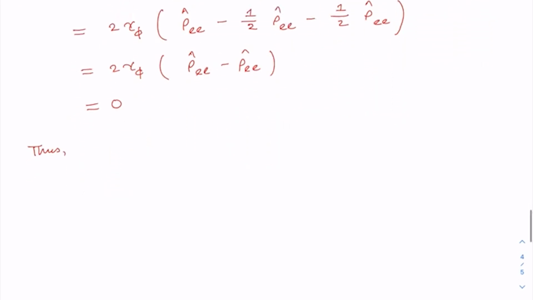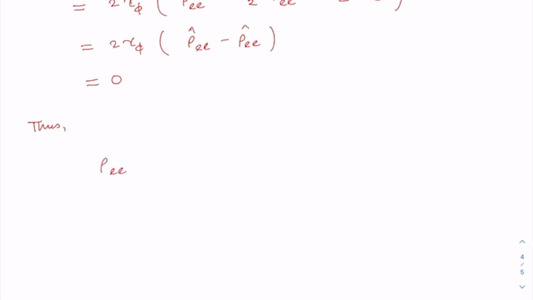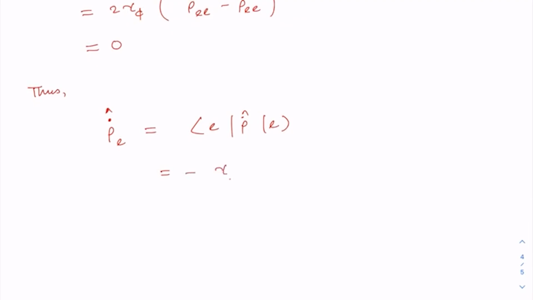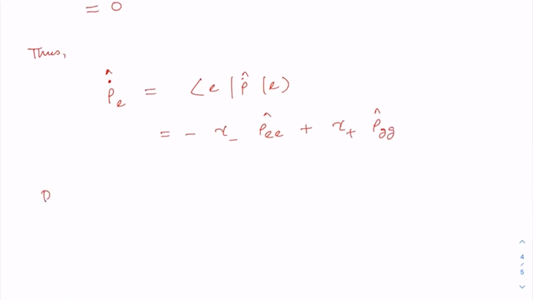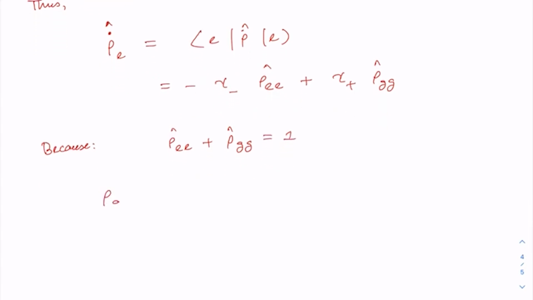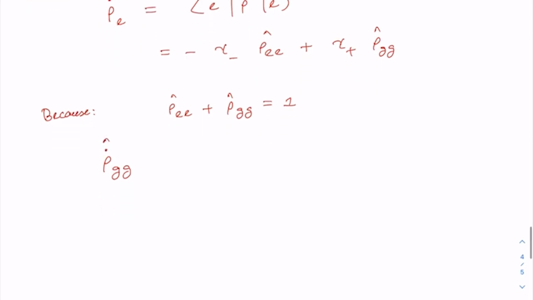Therefore what we have is rho E. Actually you will have the time evolution of this matrix element in the density matrix: rho dot E E is equal to minus gamma minus rho E plus gamma plus rho ZZ. Now because we know that rho E E plus rho ZZ is equal to 1, without doing any further calculation I can simply write the time evolution of this rho ZZ.